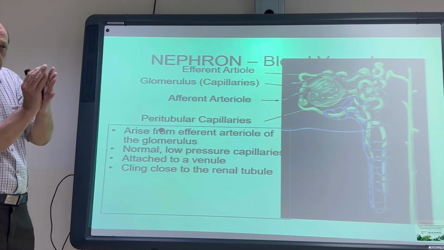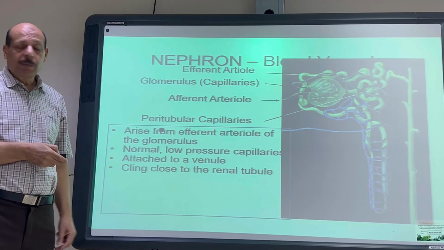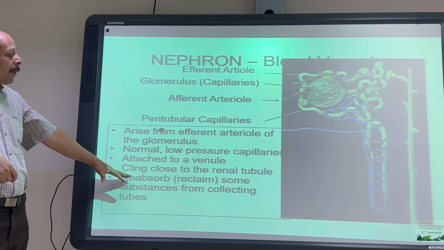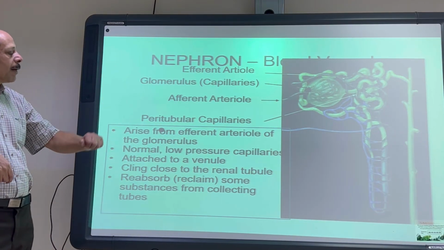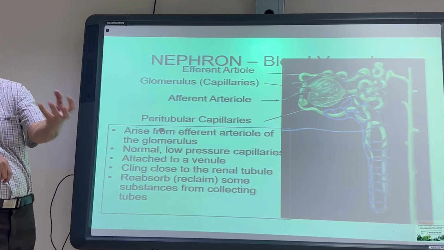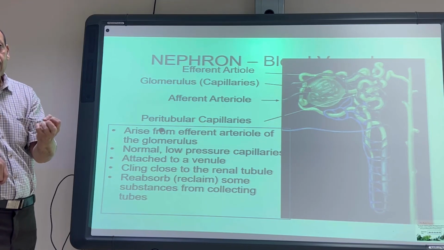They are linking there, attached to the renal tubules, for the purpose of reabsorbing or reclaiming some substances from the collecting tubule. So it will reabsorb the needed substances for the body.